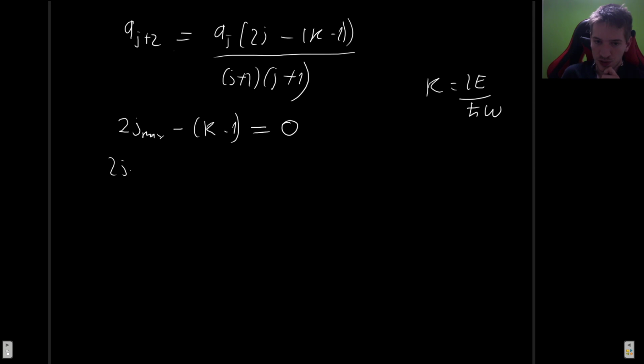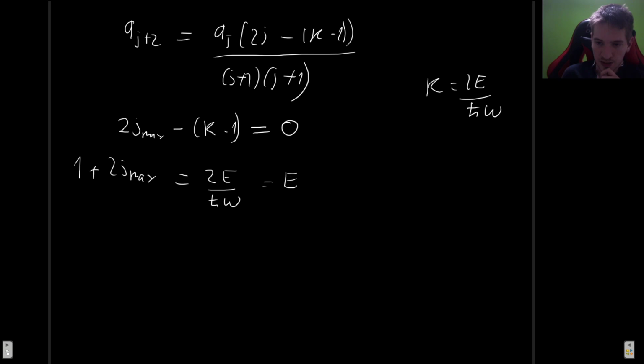So 2j max is going to be equal to, I'm just going to put it on the other side, 2e divided by h bar omega, and I'm going to leave the plus 1 here, 1 plus this. So now from here we can find this e.